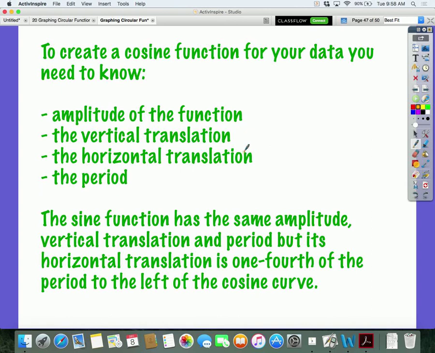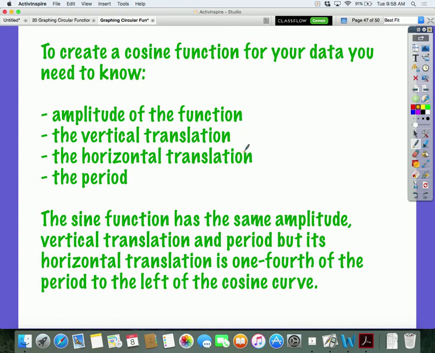You just would have to translate in 1/4 of the period. So if the period is 2 pi, 1/4 of that would be pi over 2. And that would be your horizontal translation. Okay? So we're going to take a look at some examples. All right?